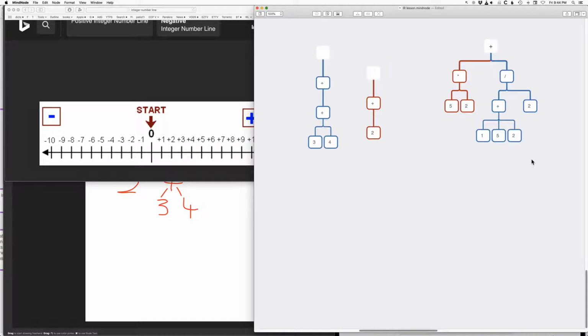Okay, so an operator can operate on the numbers, right? Yes. So having an operator that doesn't operate on anything doesn't make sense, I think. So it kind of has to be a node with a child.